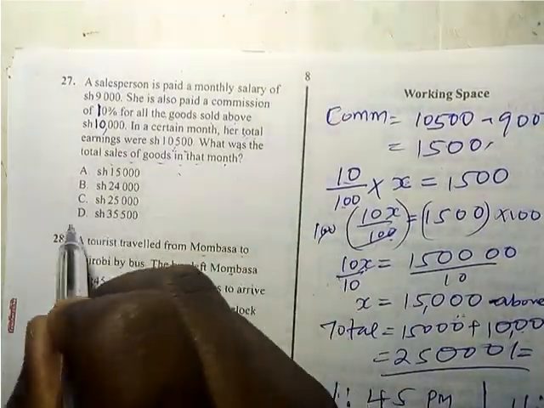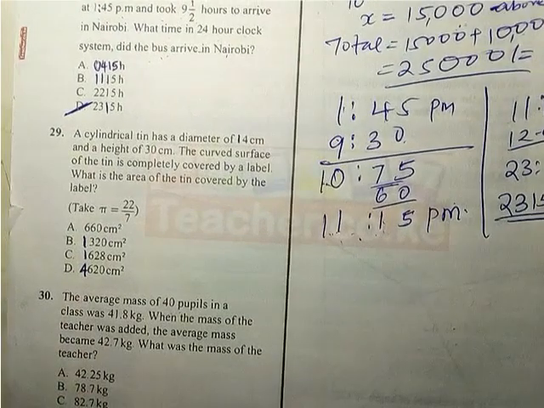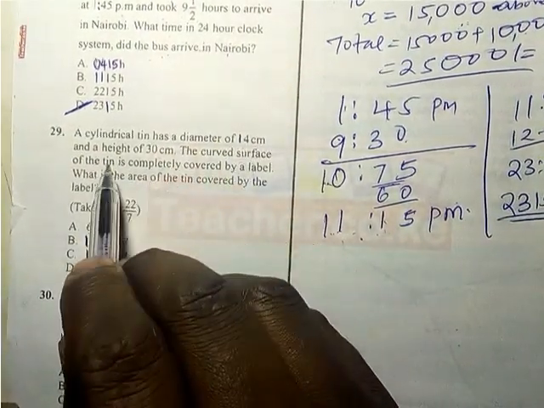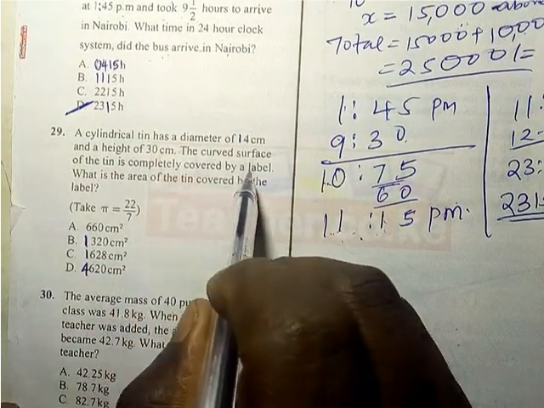Oh, this one was C. A cylindrical tin has a diameter of 14 and a height of 30 cm. The curved surface of the tin is covered by a label.